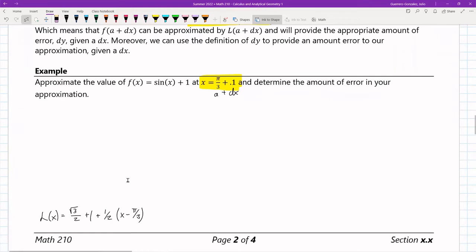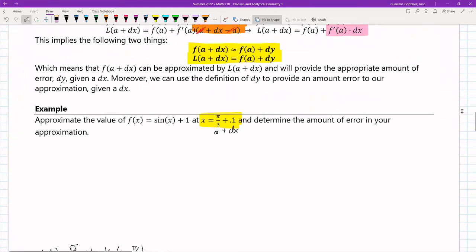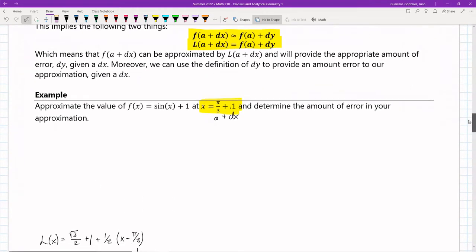So according to our approximation formulas that we just figured out, we have now L of a plus dx, that's going to be our pi over 3 plus 0.1, is going to be equal to f of a plus dy, which is equivalent to f of a plus f prime of a times dx.